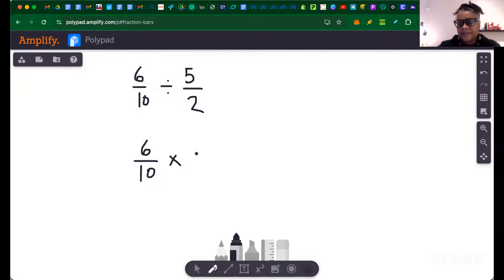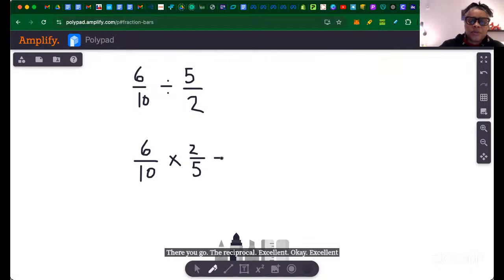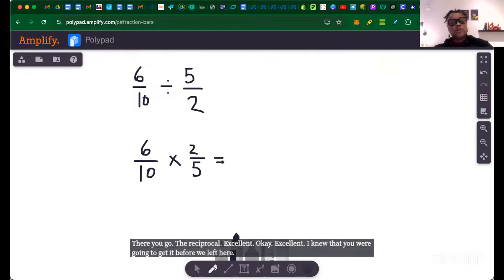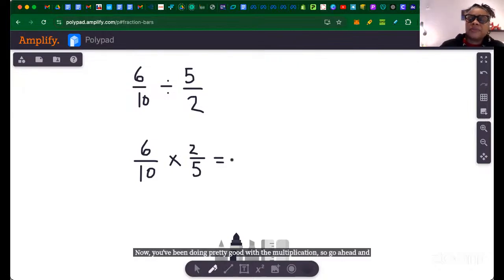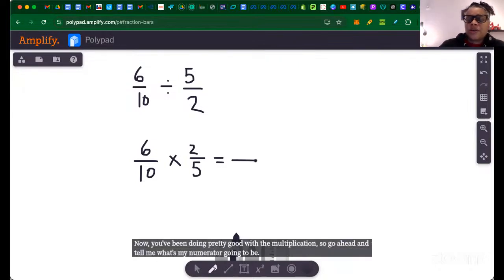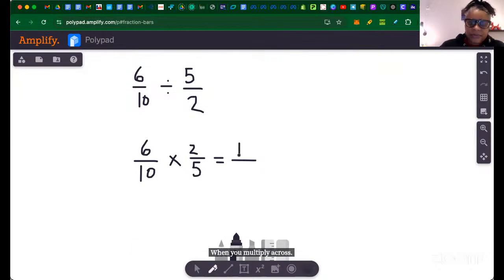There you go. The reciprocal. Excellent. I knew that you were going to get it before we left here. Now, you've been doing pretty good with the multiplication, so go ahead and tell me what's my numerator going to be when you multiply across. Come on now. And your denominator?